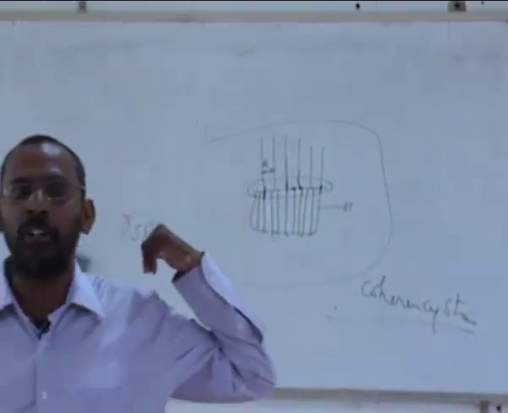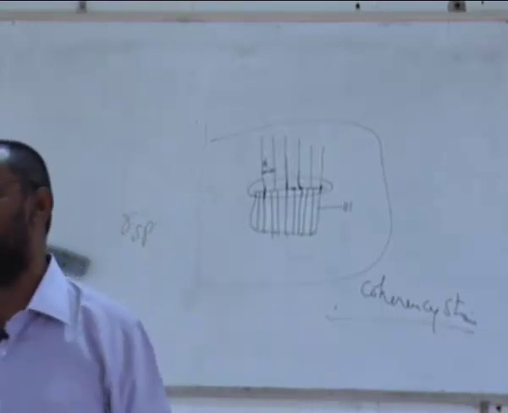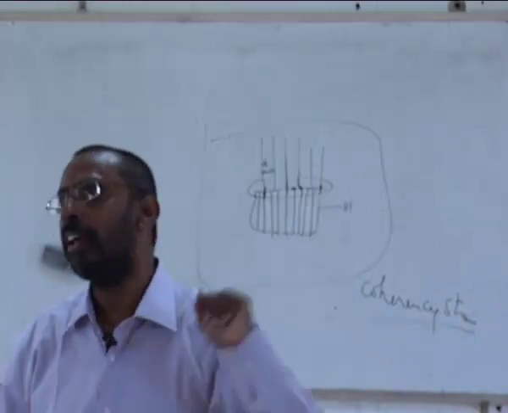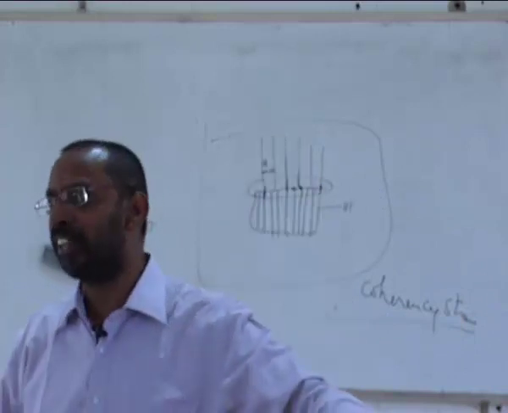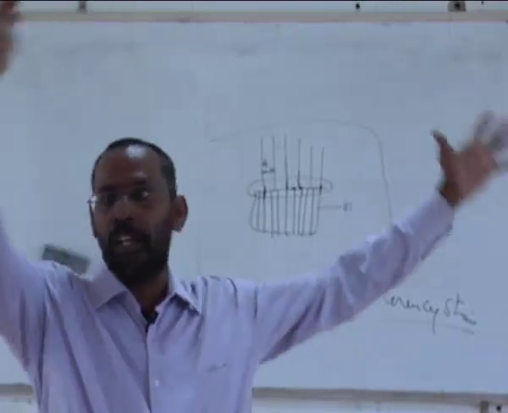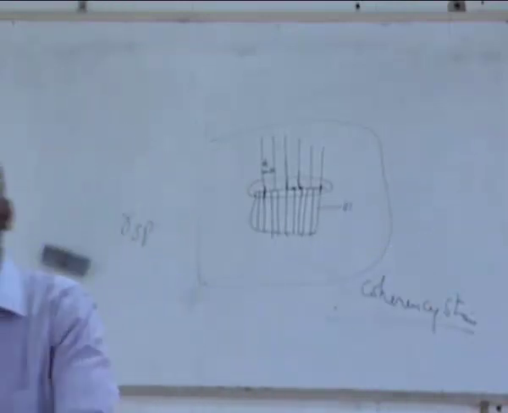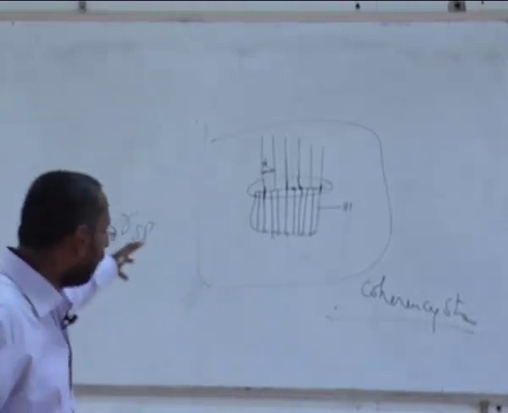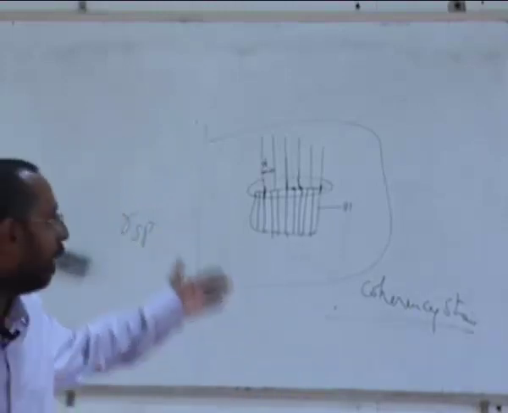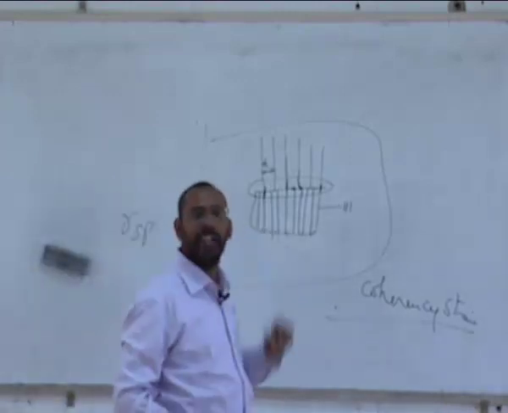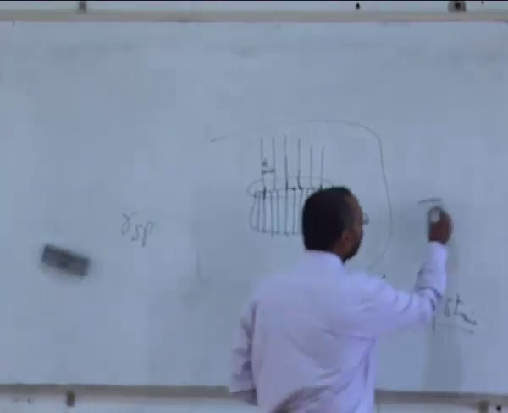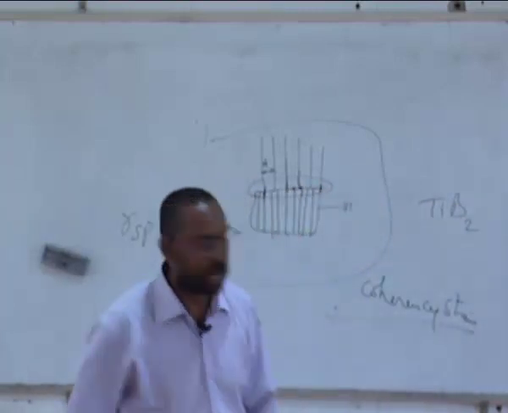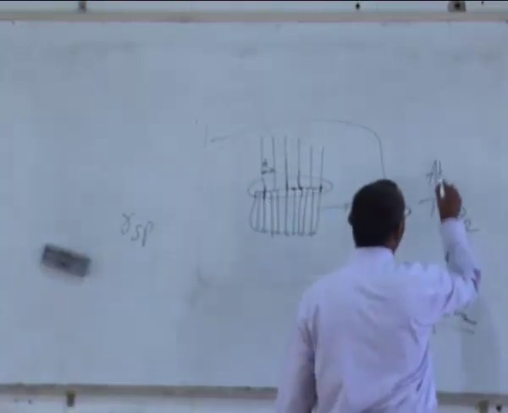So that's why I was talking to you earlier about transient nucleation. It is possible that if you have 2 types of particles, the particle with the smaller gamma sp, the nucleation will happen first there, and then that starts growing, and simultaneously after some time the liquid may again start solidifying on the other particle. So if you are adding particles with such a structure, in aluminum the particle that is added is called TiB2, titanium boride, and another particle called Al3Ti.